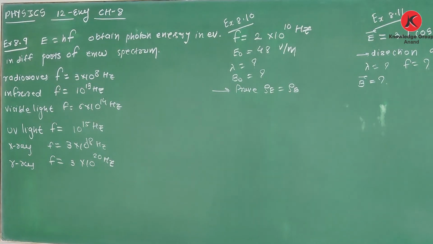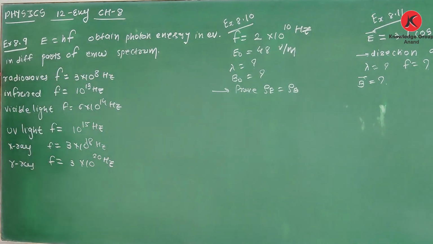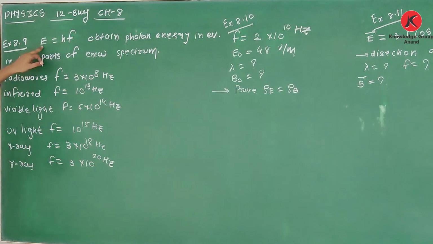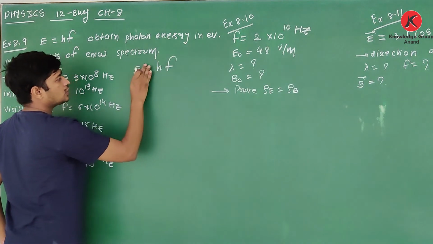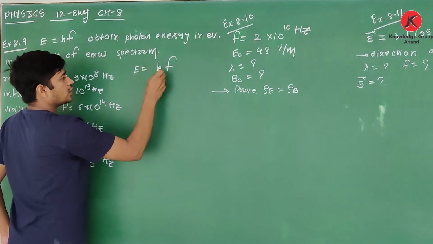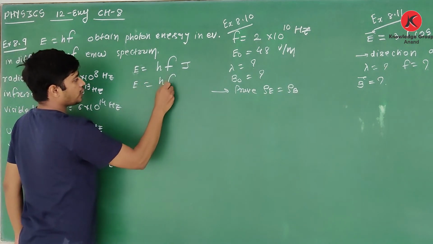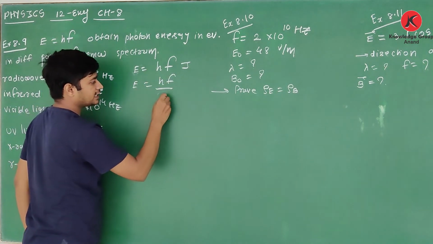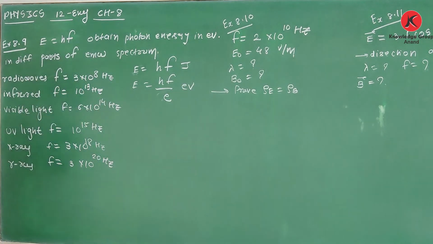Next question is exercise 8.9. Obtain photon energy in electronvolt in different parts of the electromagnetic wave spectrum. We have the equation E is equal to hf. Whenever you use E is equal to hf, your answer will be in joule. But if you use E is equal to hf upon e, that is 1.6 × 10⁻¹⁹, you will get your answer in electronvolt.